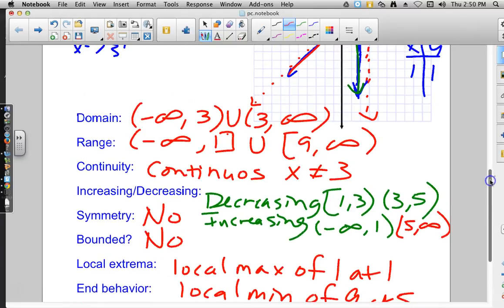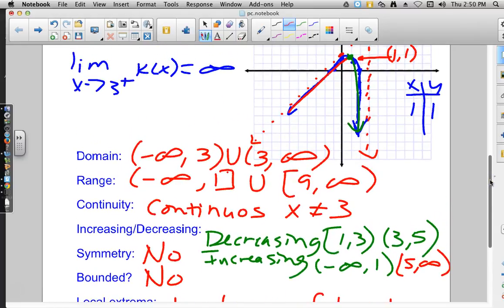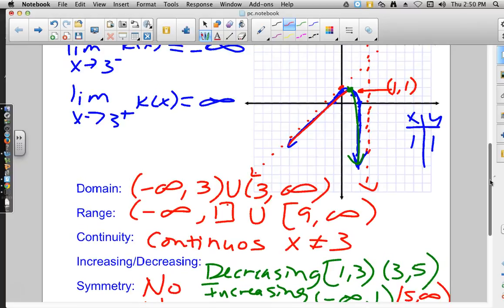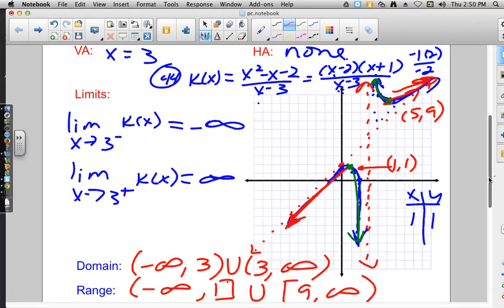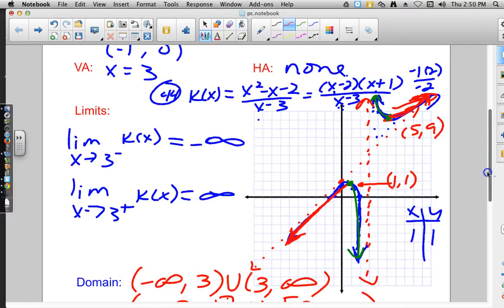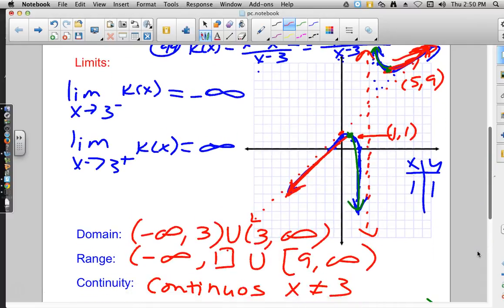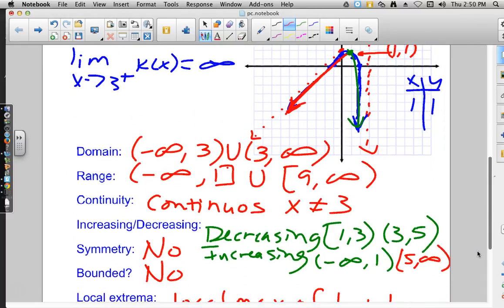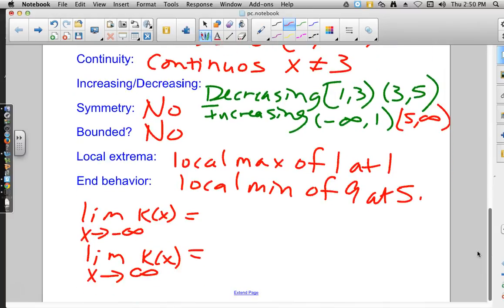As we go further and further to the left on our graph is going downward. As we go further and further to the right of our graph, we are going upward. So we're going to need negative infinity and then infinity. All right, so that summarizes everything we needed for number 44.